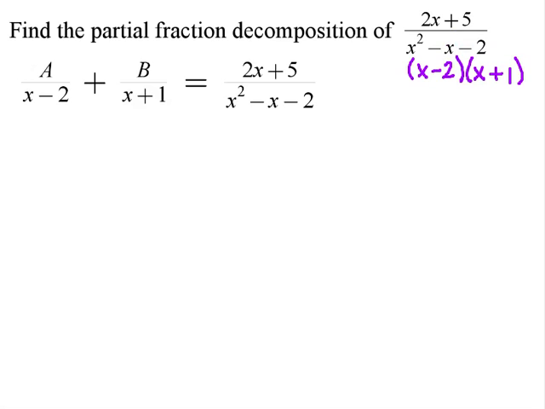So now the next step, if you remember, was to multiply by the least common denominator. So the least common denominator will be what, folks? X minus 2 times x plus 1. Now you might be noticing a shortcut here, and the shortcut is that you just attach the denominator that it's not.